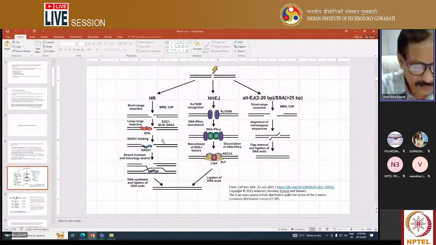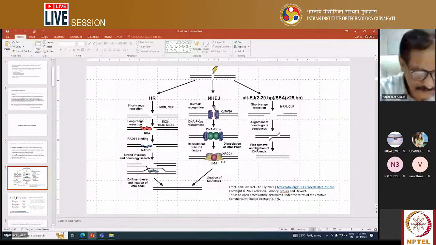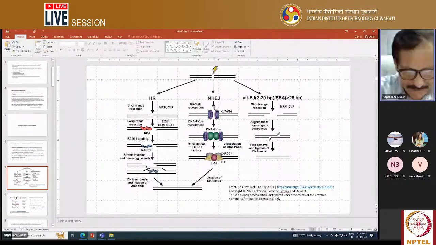So here you always have a template against which the repair is taking place. That template provides the homology for this kind of repair. But in the case of non-homologous repair, what is happening is simple rejoining of the broken ends, regardless of the DNA sequence.